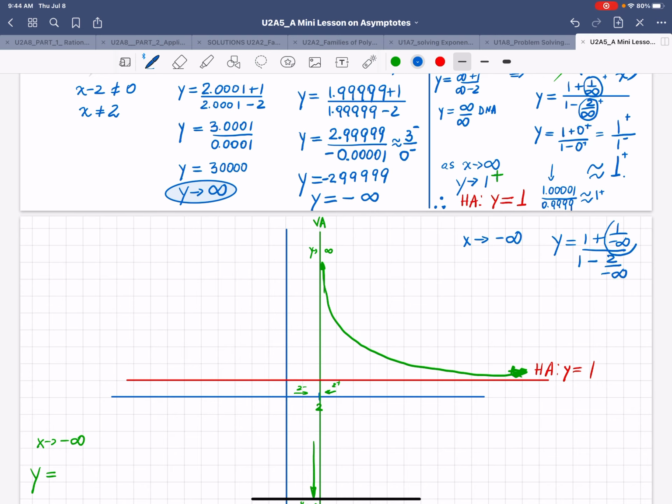Now, 1 over negative infinity will give 0 minus. 2 over negative infinity is 0 minus. So this will be 1 plus 0 minus over 1 minus 0 minus.